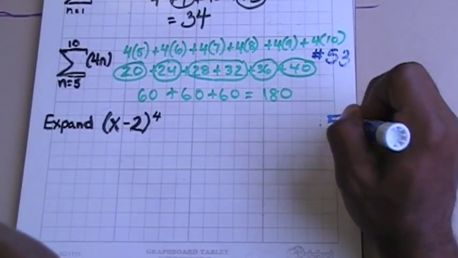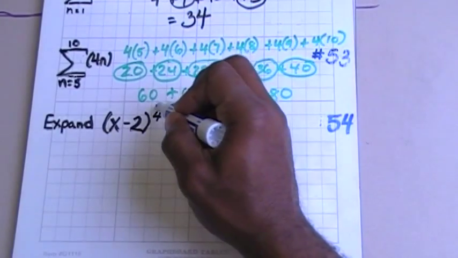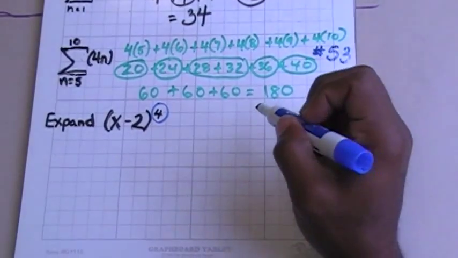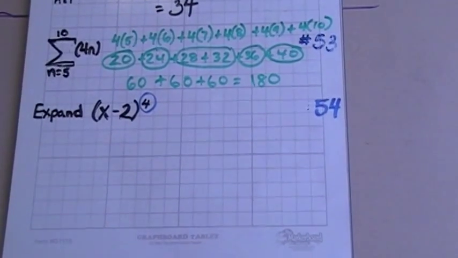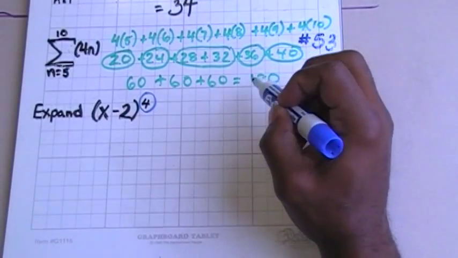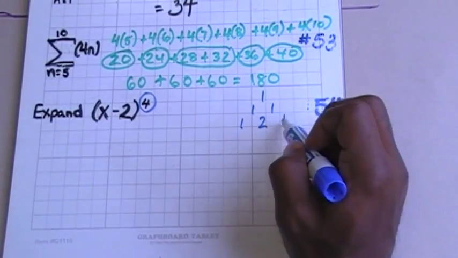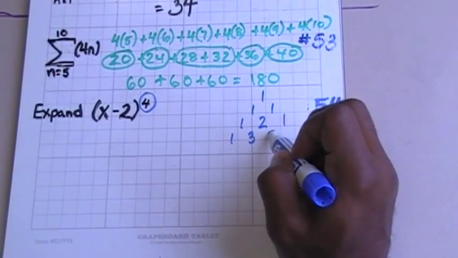So it says expand. Now it's the 4th, so we need our 4th level of Pascal's triangle. While I'm talking, I'm just going to do Pascal's triangle here. 1, 3, 3, 1.